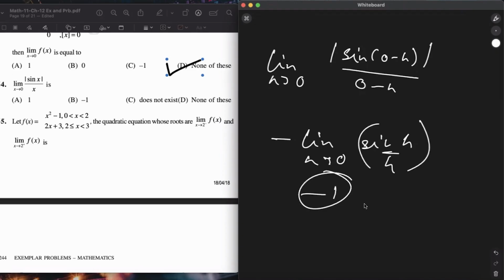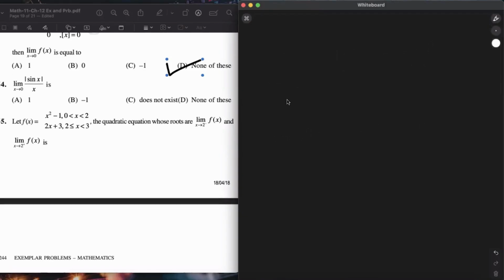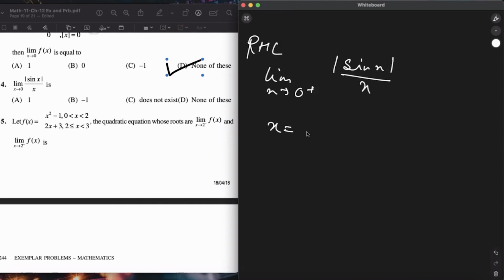All right, simple enough. Now let's see what happens when we approach the same limit from the right hand side. So right hand limit x tends to a 0 positive, mod of sin x by x. I'll just put my x equal to 0 plus h.